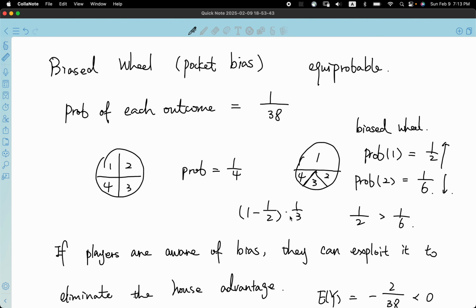So we want to divide it by 3. That will give us the probability for each space here. So that means the pockets for either 2, 3, and 4 will have a probability of 1/6.